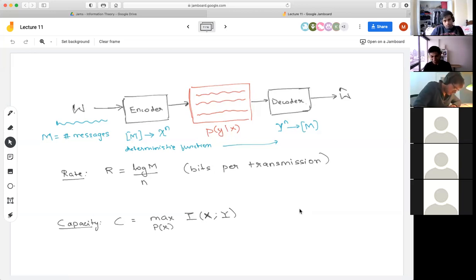So the capacity of the channel is the maximum mutual information we can have between the input and the output if we are free to choose the distribution of the input. Is the definition okay? Once we fix the distribution of the input, the conditional distribution is fixed by the channel. And so the mutual information, which is now a function of the joint distribution, is a quantity we can compute. We'll see a relationship between rate and capacity in a bit. But for now, I just wanted to make sure the definitions are okay.